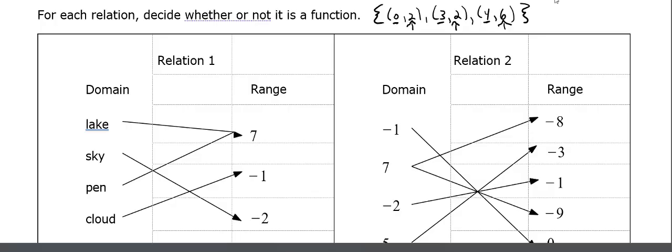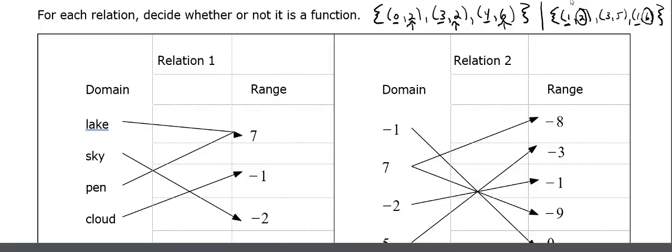An instance where we wouldn't have a function would be if we had something like this. The set containing the ordered pairs (1, 2), (3, 5), and (1, 6). Notice that we have a duplication with our domain, and it is paired with a different range value.